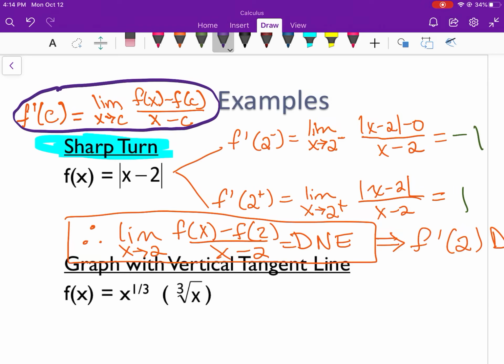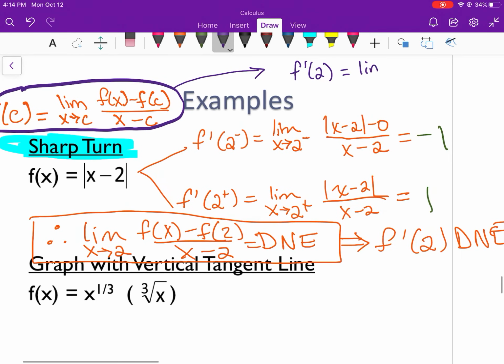If I decide to go with this formula, I would have f prime at 2, which is where the sharp turn occurs, is the limit as x approaches 2 of our function, absolute value of x minus 2, minus 0, over x minus 2. If I try to directly plug 2 into the numerator and denominator, I get 0 over 0.